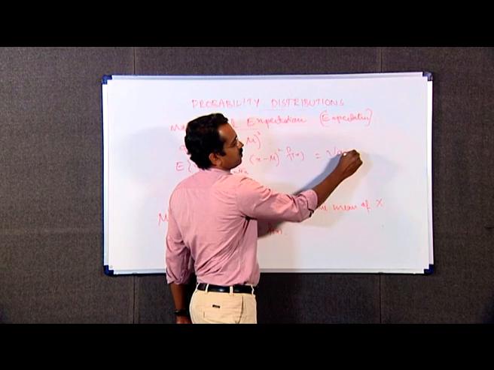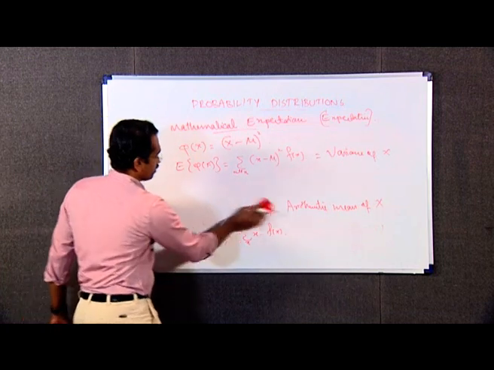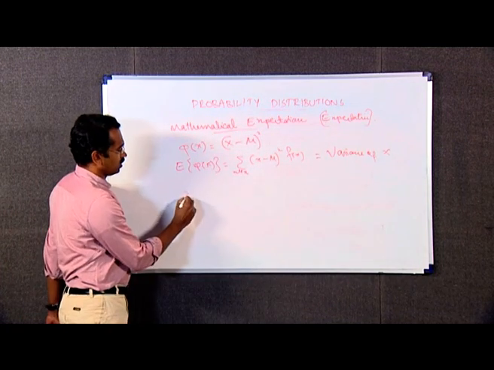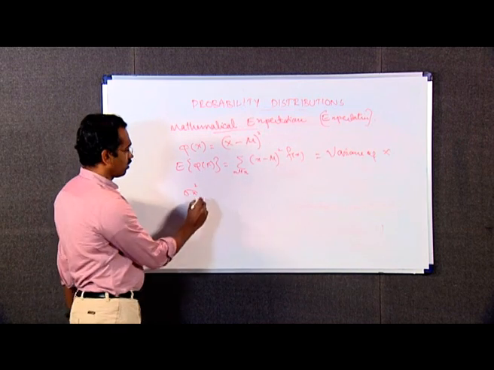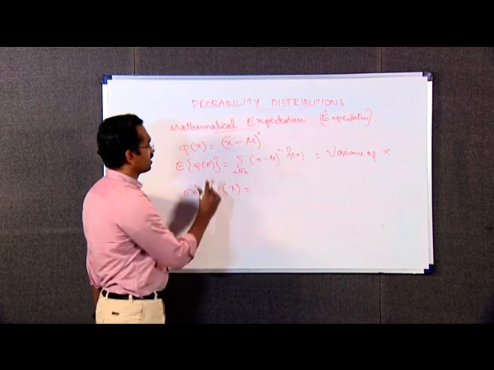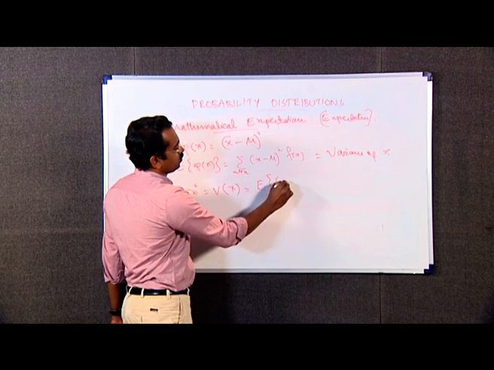Variance, that is the variance of x, the notation for which is sigma square x or V of x, is the expectation of x minus mu the whole square.